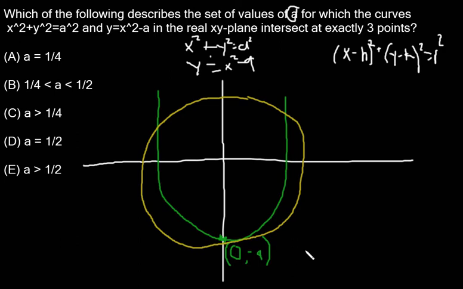And we know that it'll intersect at (0, negative a) as well in this circle, because we know that a is going to be the radius of this large circle. And also (0, 0), since we have x minus 0, y minus 0, (0, 0) is going to be the center. And if we were to extend a line out here, that would be the radius. a would be the radius, all right?